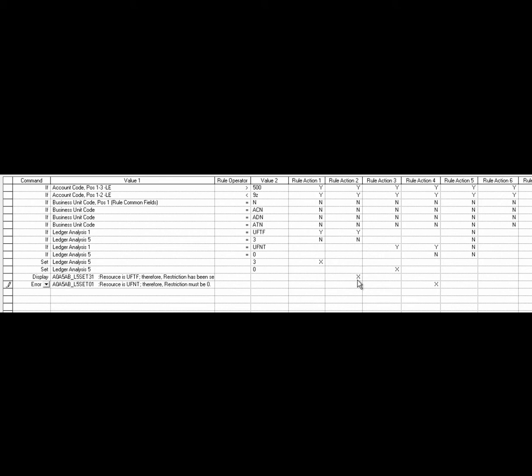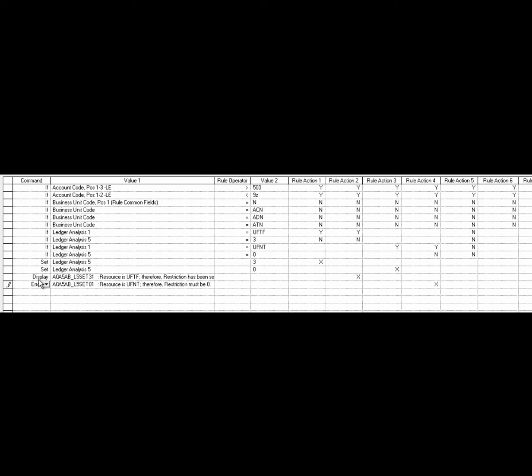So we're sending an error message, and all it does is display the error message. Display means it shows the error message, but it doesn't stop processing. Processing can continue. If we're looking solely at this rule here, if these conditions are met, just send that error message. Allow them to continue. If they're bound and determined to set a different restriction for UFTF, they would be allowed to do it. So that's what the display action statement does.